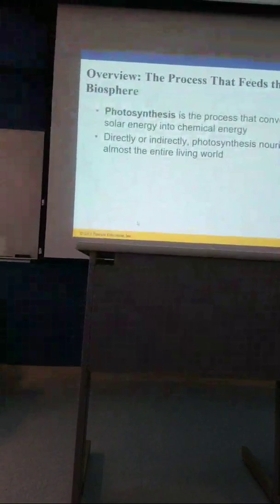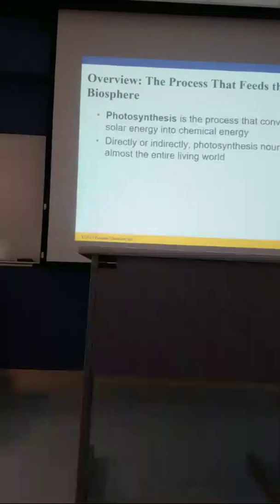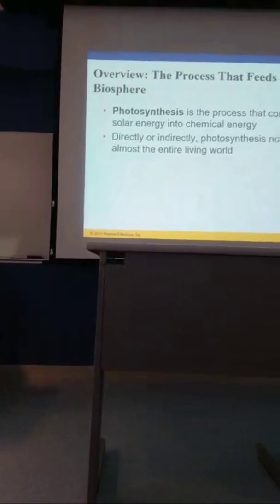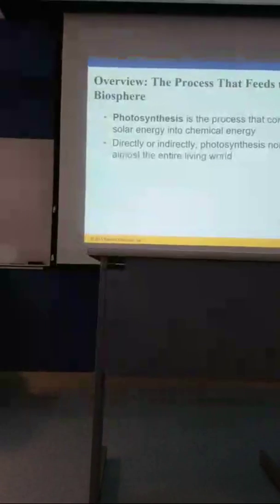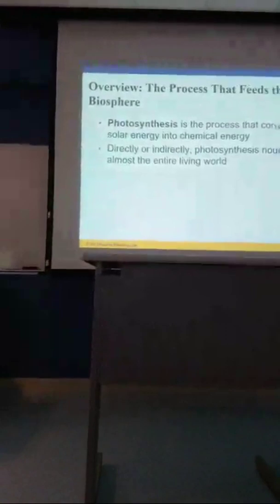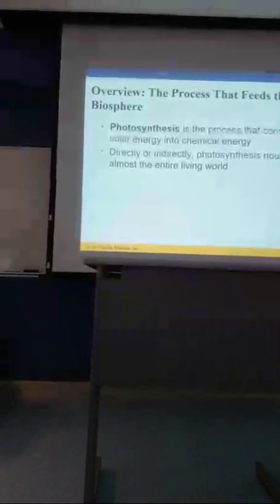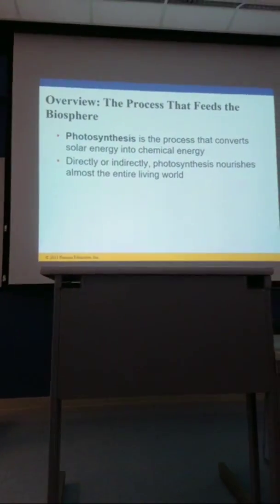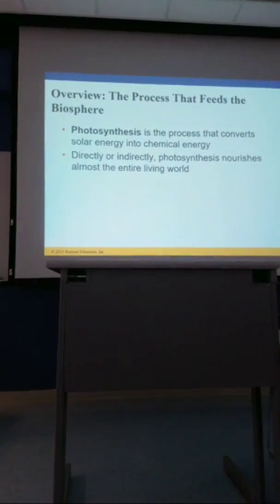Photosynthesis, remember, is taking sunlight and turning it into chemical energy. Chemical energy is the stored energy. Almost all of the energy that all organic creatures get comes from the sun.